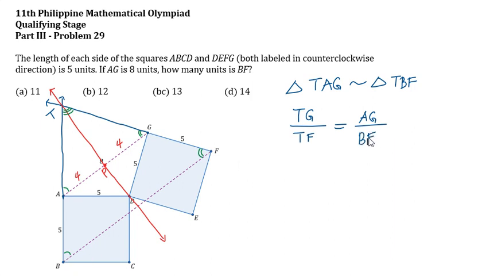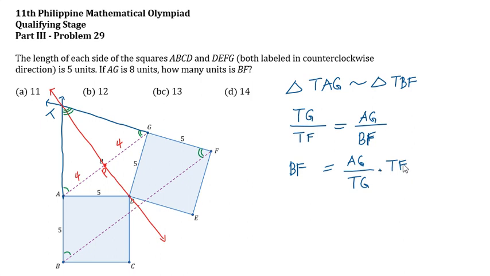Since we want the length of BF, let's solve BF in terms of the other sides. This equation is equivalent to BF equals AG over TG times TF.